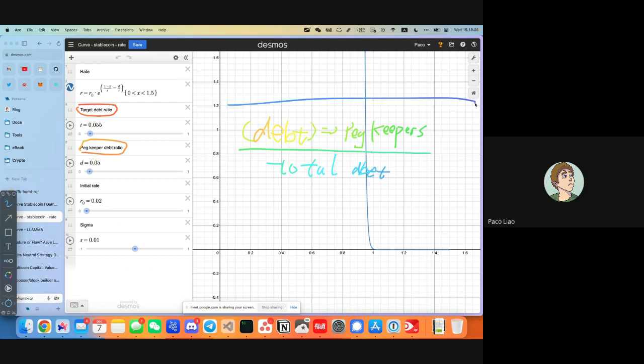This is the peg keeper debt ratio. Let's say the total supply of Curve USD is 1,000, and the peg keeper debt ratio is 10%. That means peg keepers minted 100 Curve USD.